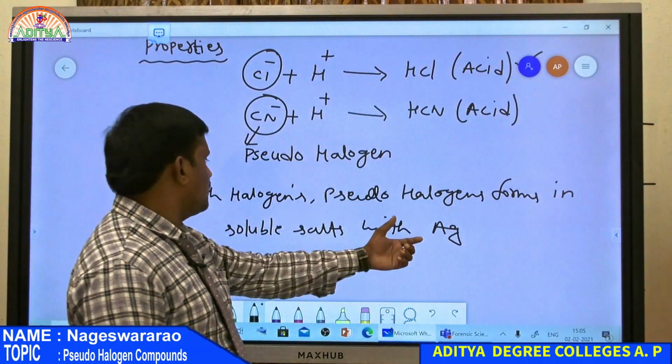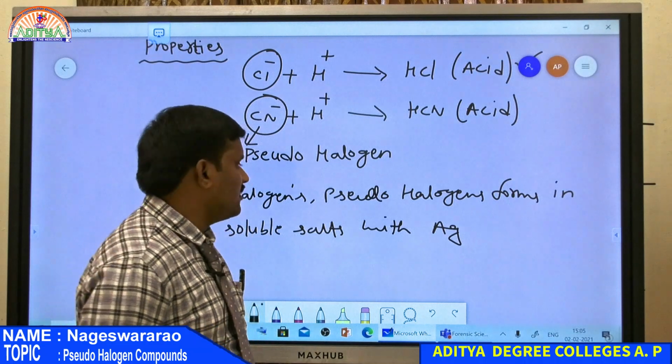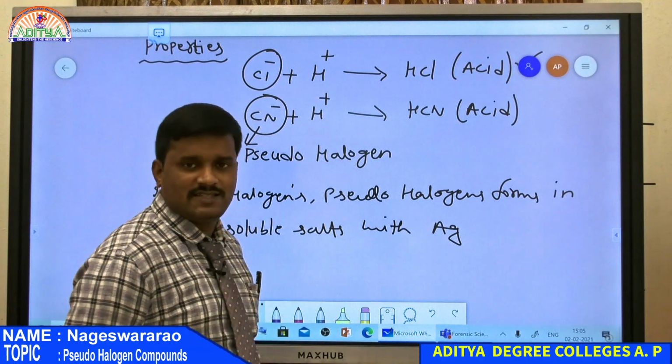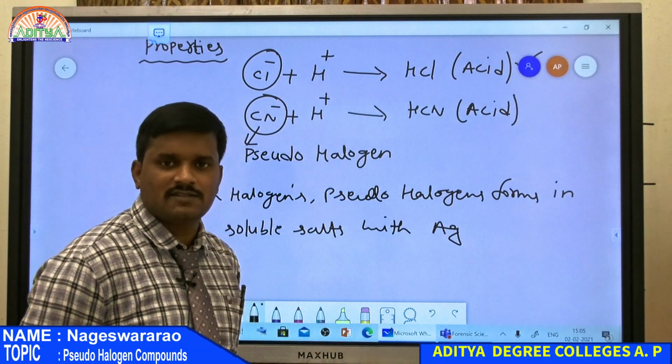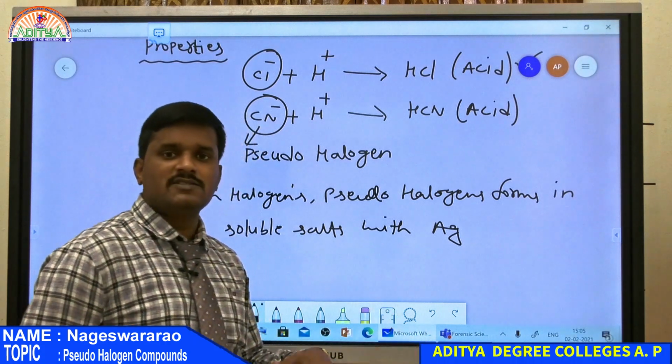So when silver reacts with Cl, it forms AgCl. Similarly, whenever silver reacts with CN, it forms AgCN, silver cyanide. So both are insoluble salts. So both have the same properties.